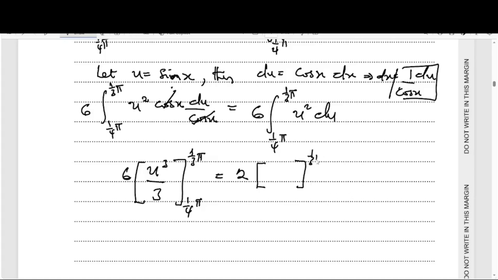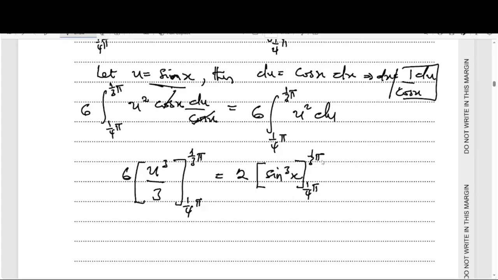Instead of writing u cubed, since I did not change the limits and kept the initial limits given in the question, I'm going to replace u by what it is. I replaced sine x by u, so I'm going to replace u here, and because it is u cubed, it's going to be sine cubed x.